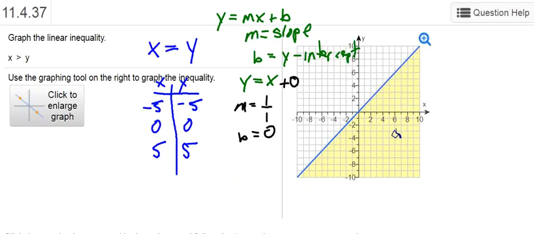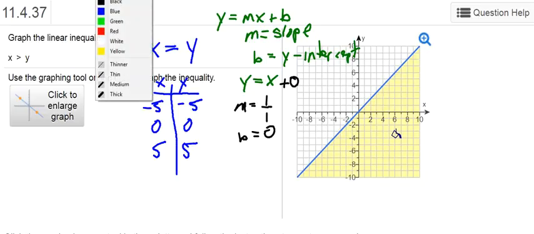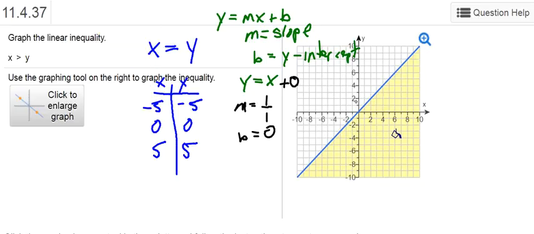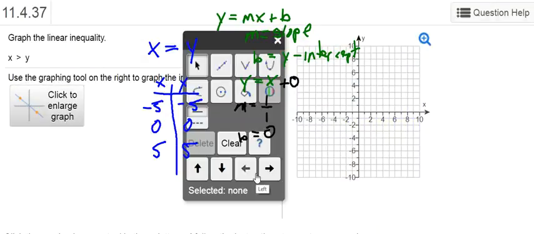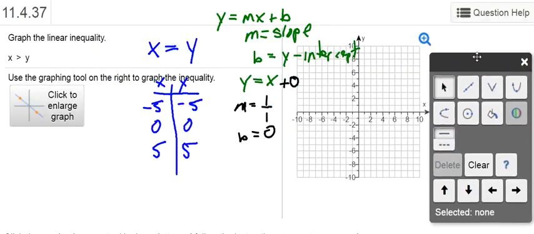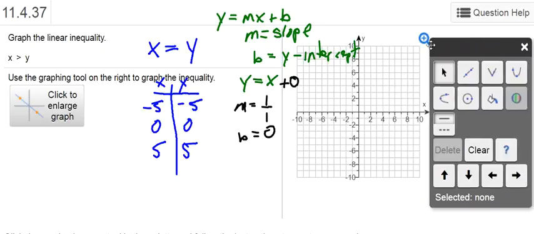So I've got a couple options here. Remember, I'm just drawing my boundary line. So if I go ahead and draw my boundary line then, I can either use my slope-intercept form.